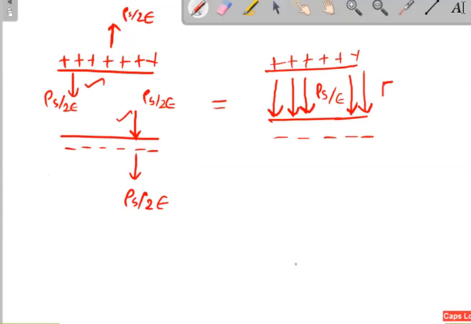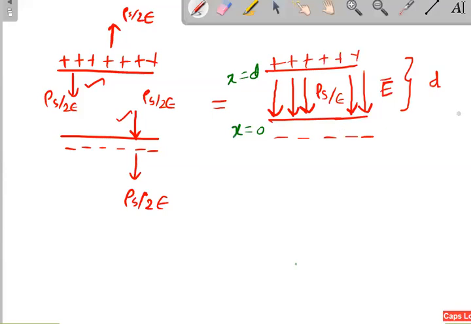This is the electric field value, and this is the distance d. Say this is x equal to 0 and this is x equal to d. The electric field is in this direction, downward, towards the earth.